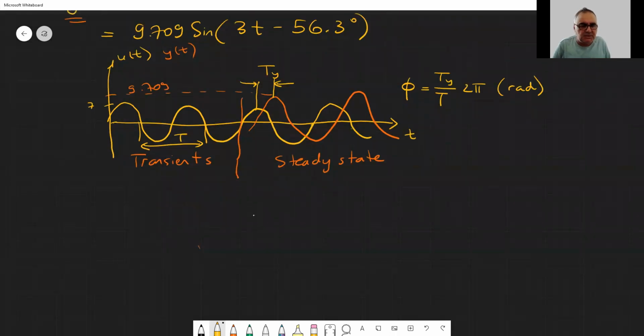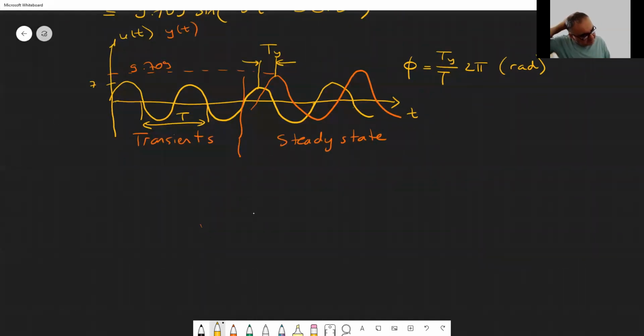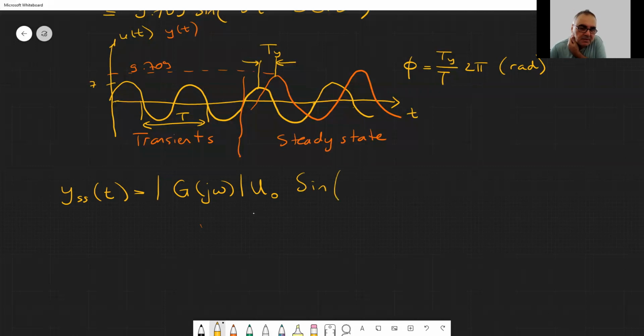So, as we see, the y steady state of t is therefore equal to the general expression: magnitude of G of j omega times u0, which is y0, sine omega t plus the phase angle phi of omega, let's call it, okay?